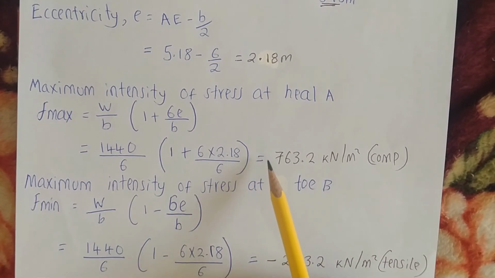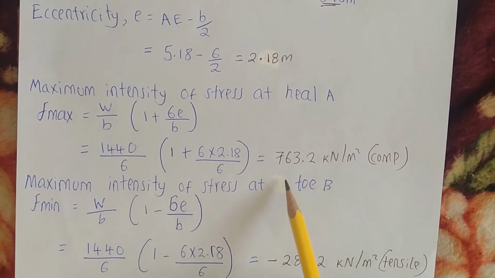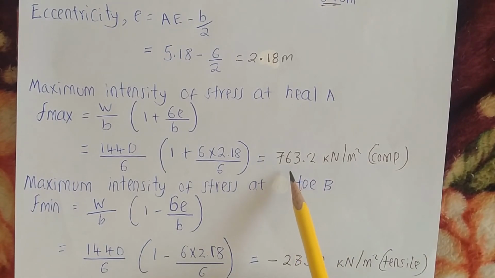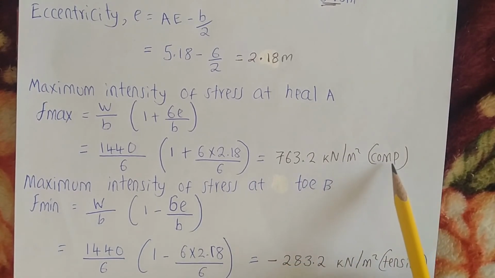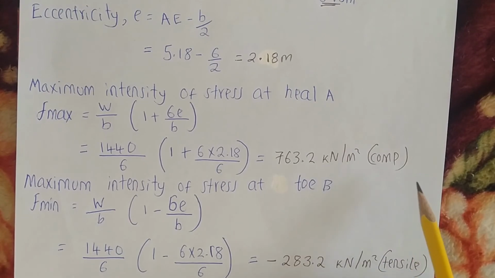When you calculate this, you'll get your value as 763.2 kilonewtons per meter squared. Because it is positive, it's a compressive force.